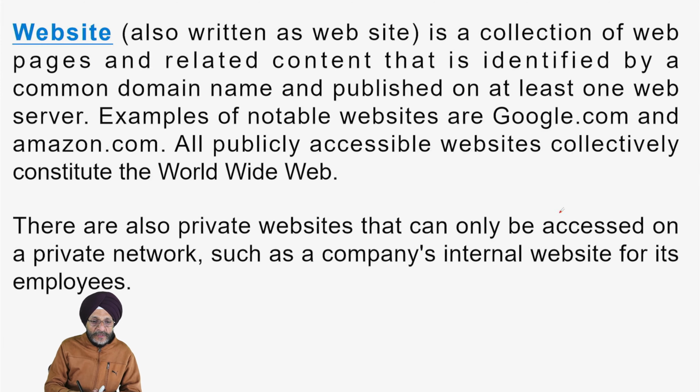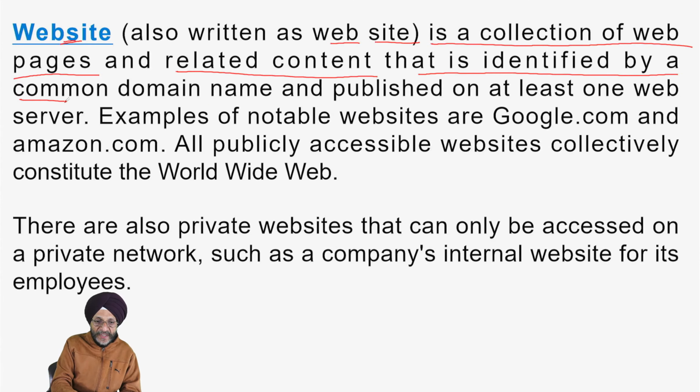Now, what is the meaning of website? Website may be written in this way, or web and site may be written separately. A website is a collection of web pages and related content that is identified by a common domain name and published on at least one web server.